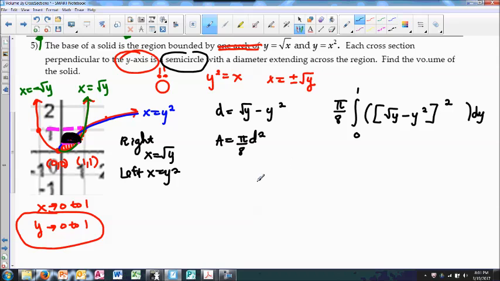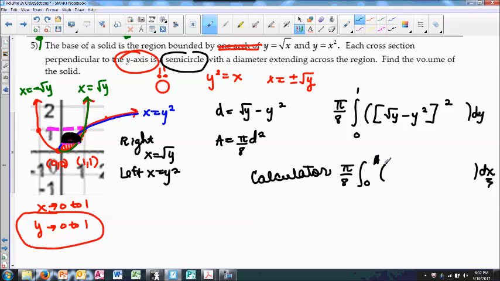Now, in using your calculator, you're going to put the pi over 8 in. So you're going to go from 0 to 1, but you're going to put these into your calculator in terms of x. Remember, it really doesn't matter what letter you use as long as you are consistent with the letter throughout the entire calculator process.